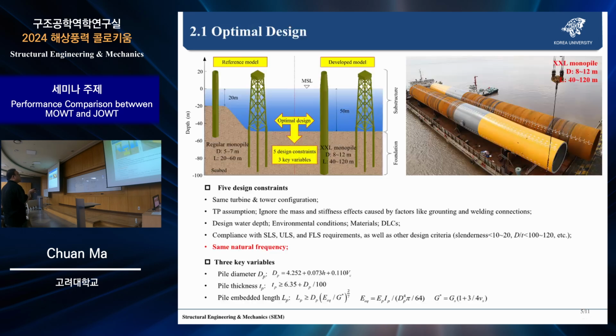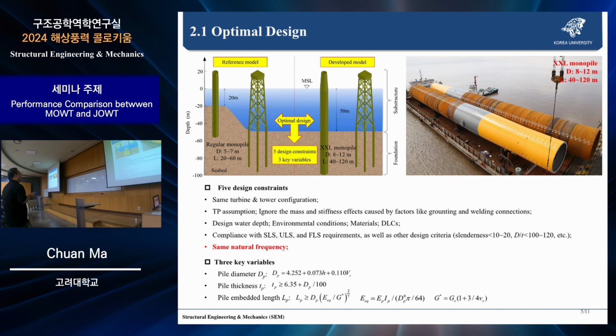The first is the numerical model. If we want to compare the dynamic performance of different substructures, the monopile and the jacket differ in mass, stiffness, natural frequency, and some other properties.